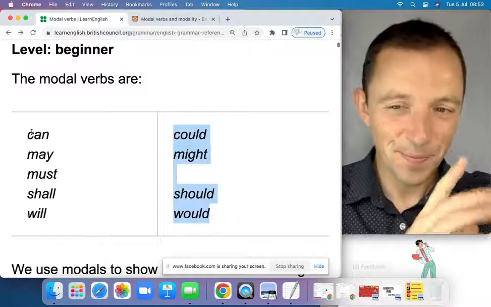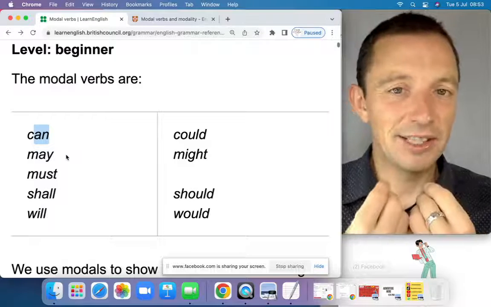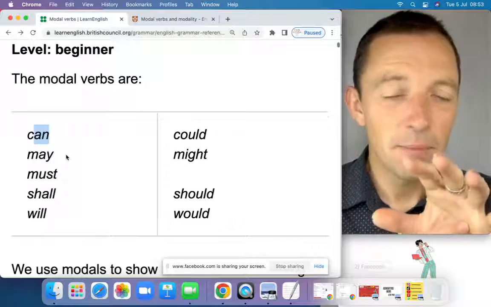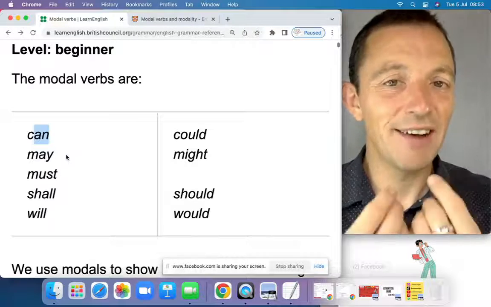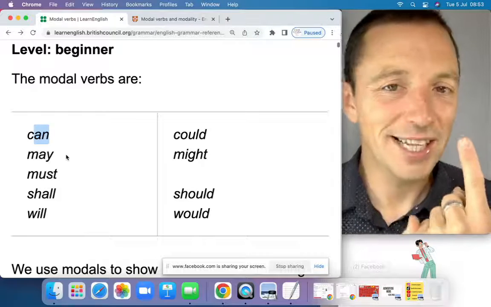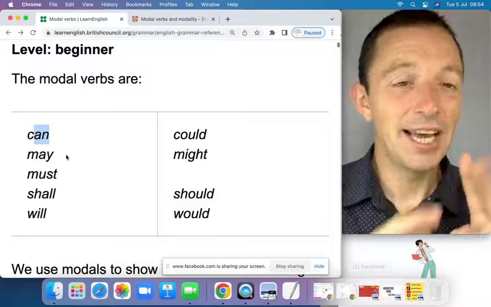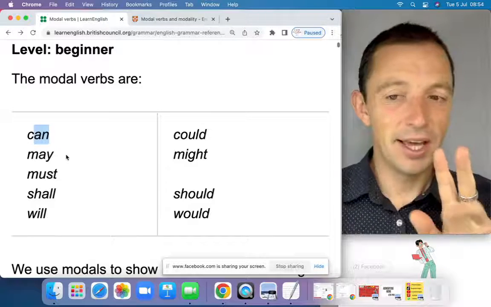Now, first, can. In English, we use can specifically in situations for permission. I can go to the supermarket. I have permission to go to the supermarket. The second explanation is for ability.